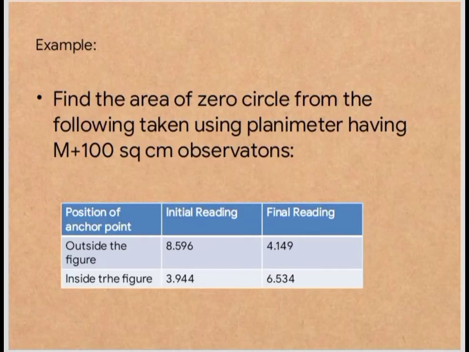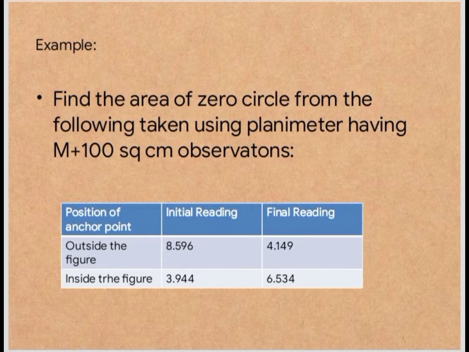Now let's have some examples on how to get the area using a planimeter. Example: find the area of a zero circle from the following observations taken using a planimeter having M equal to 100 square centimeters. Let's compute first with the anchor point outside of the figure.